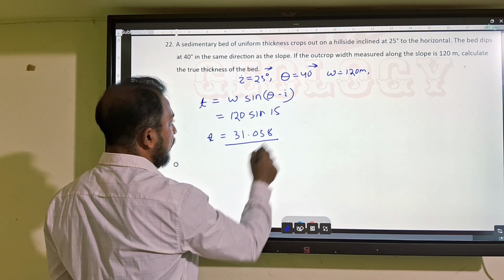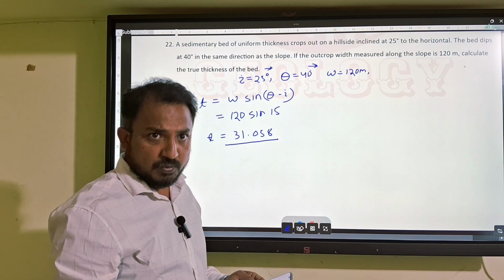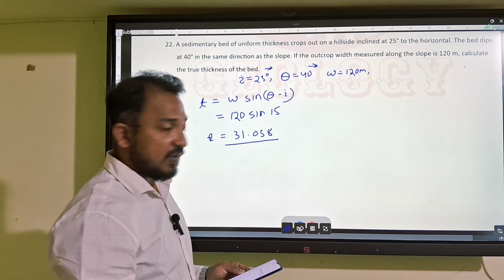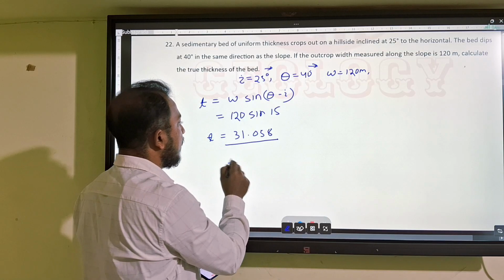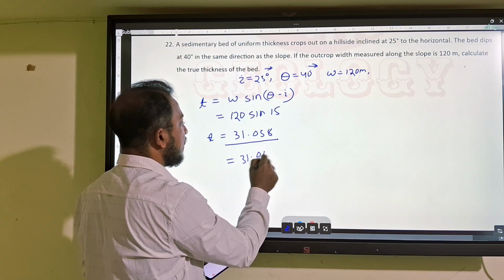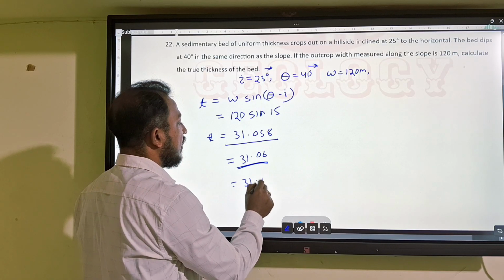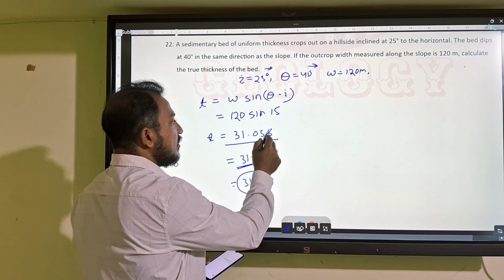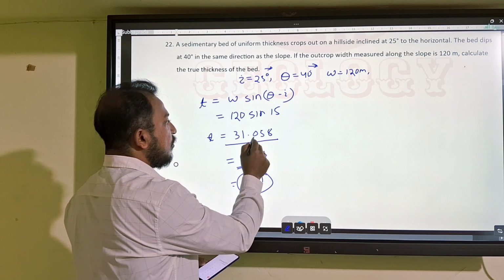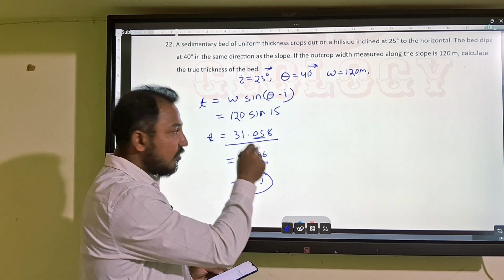In questions you are always asked to round up to 2 decimals or round up to 1 decimal. If you round up to 2 decimals, it will be 31.06. If you round up to 1 decimal, it will be 31.1. If you have to round up to 2 decimals, you have to look at the third place.